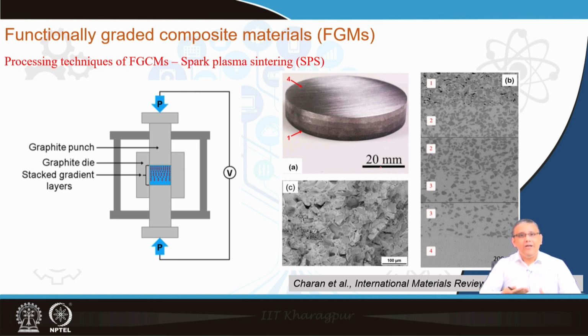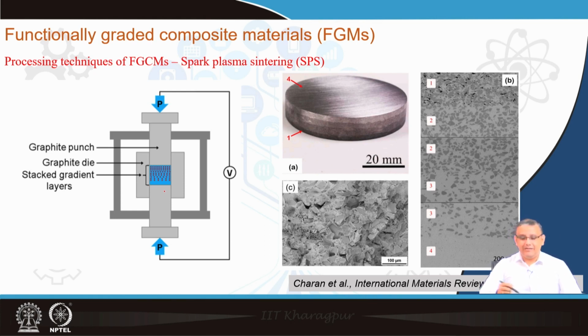Another variety is that we do not use the previous green body fabrication, and here we fill the graphite die. In SPS we always use a graphite die, and this graphite die is directly filled with the powders in a layer-wise fashion. Then we apply the pressure and temperature simultaneously to obtain the sintered component.